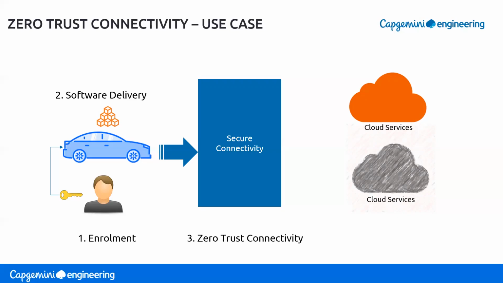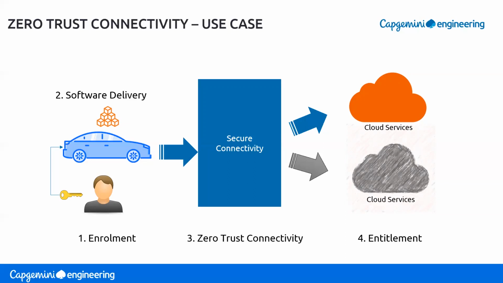So for that, we would have a secure connectivity platform that the vehicle would be communicating with. And the identity that was associated to the vehicle would be used to make an interaction with this secure connectivity platform.